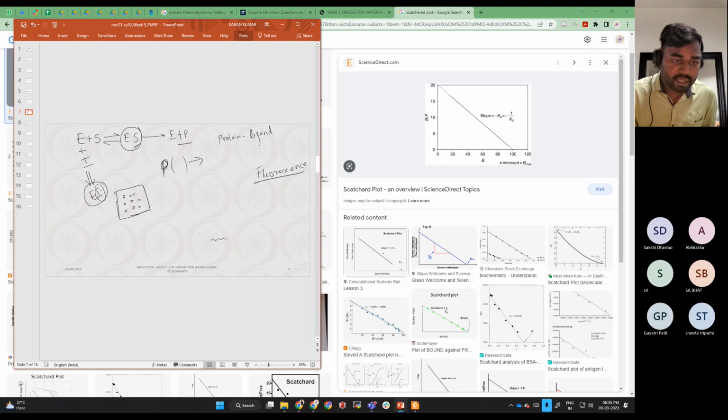And in the tryptophan residue, the electronic state in the ground state level, when you excite them using the UV light of 280 nanometer, because at 280 nanometer they absorb light, right? So from ground state G, when they absorb this light, they go to their excited state E.